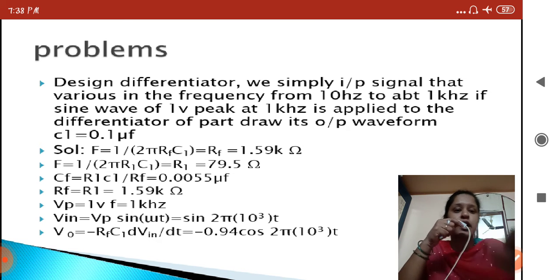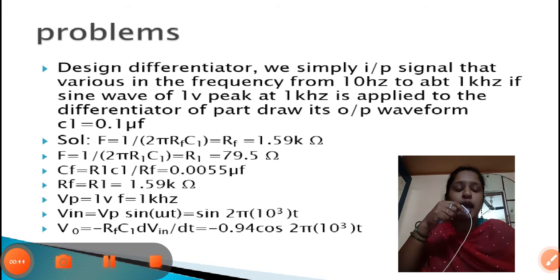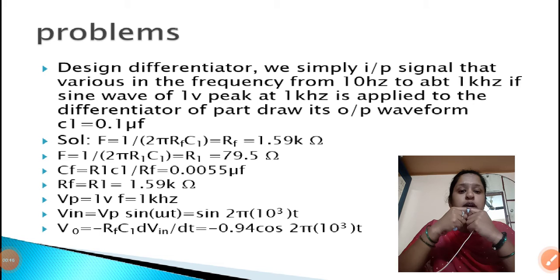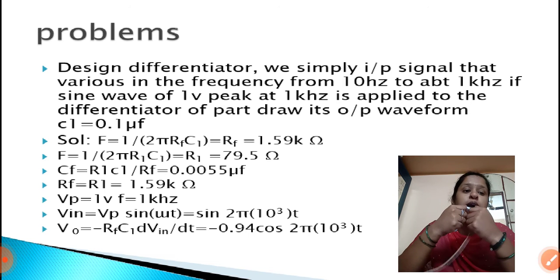I'm going to solve only one problem. Later, if you are not getting it, refer to the Ramakant Gaikwad book on operational amplifiers, which is very important for your exams.